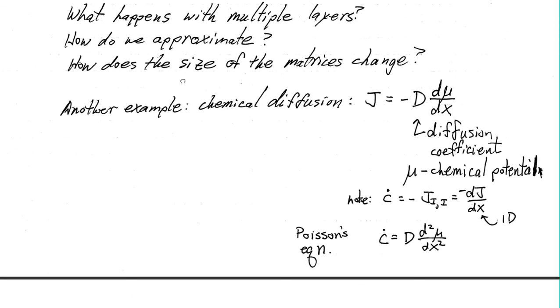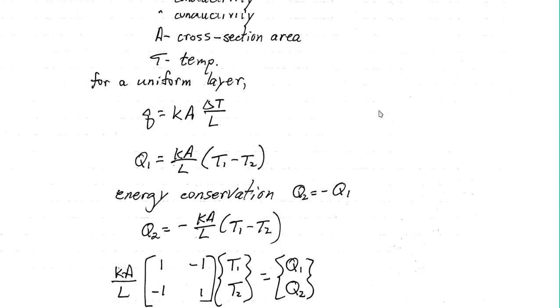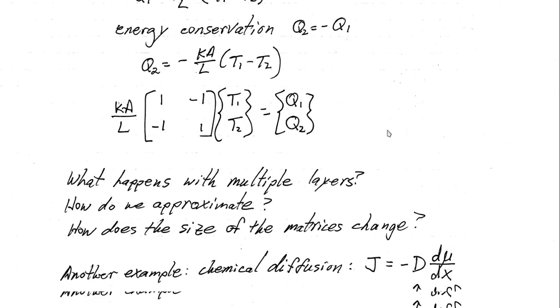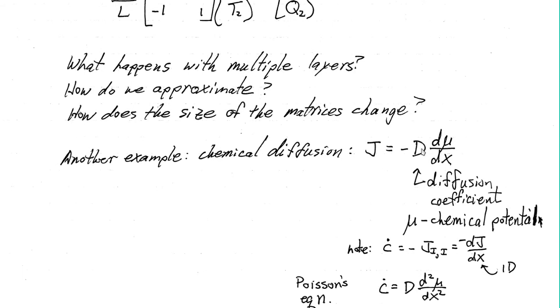Another example that we'll talk about is chemical diffusion. You notice this equation looks very similar to our Fourier law. If I come back up here, you have this for thermal gradients. Same thing applies if you have a chemical gradient. So here's my chemical potential and a diffusion coefficient, and this gives rise to flux of concentration.